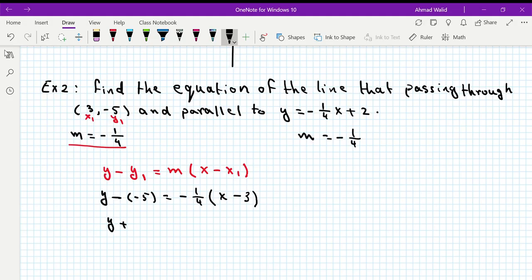So y plus 5 equals, and here you can distribute the fraction first, which gives you negative 1/4 x plus 3/4. 1/4 times 3 gives you 3/4.